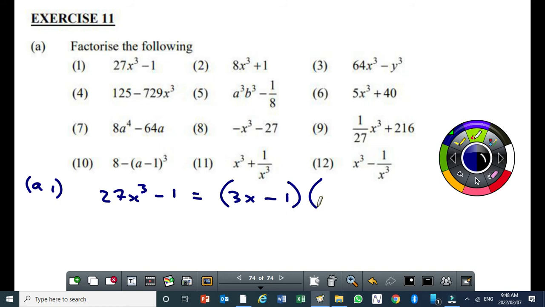So in this case here, it will be 3x squared, which is the same as 3 squared times x squared, which is 9x squared.